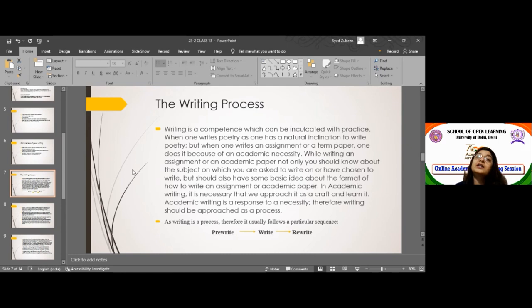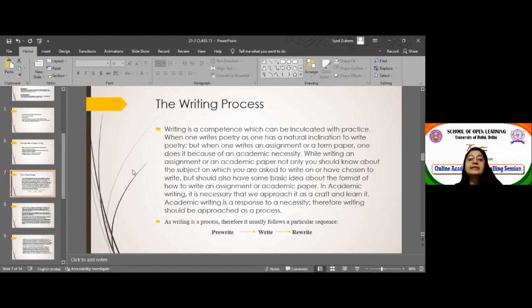But if you are given an assignment, for example, a term paper, then you will be thinking about what you're going to write. How is it going to reflect your thoughts or your opinion or the question that a teacher has asked you, right?